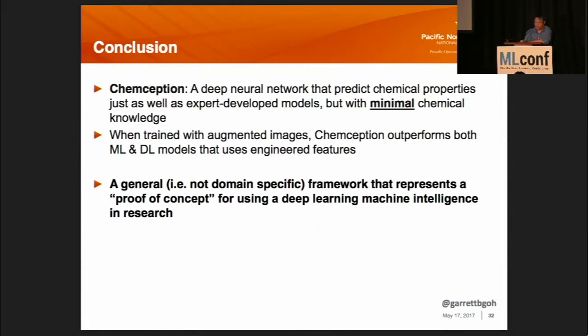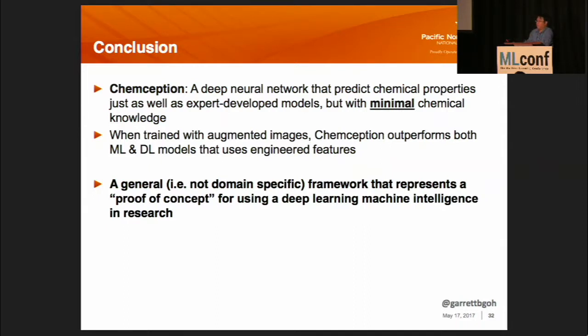So in short, what I've shown you is that convolutional neural networks can be really interesting, and they are very useful not only for identifying cat videos, but they can be used in science as well. And one of the things that we have developed in this work is a neural network architecture that uses as little chemical information as possible. And by sticking to this design philosophy, we can still match, and in some sense outperform, many of the expert-developed models that are based on decades of feature engineering and design.